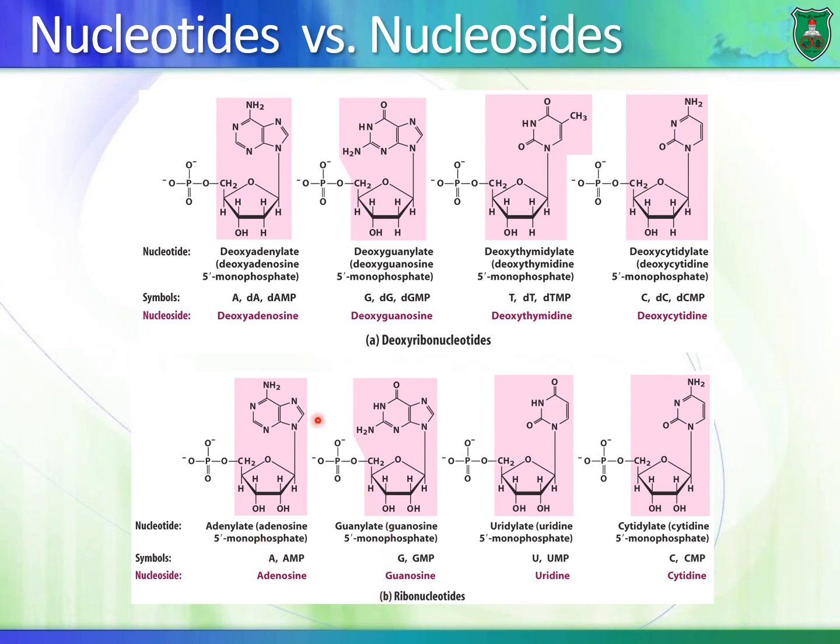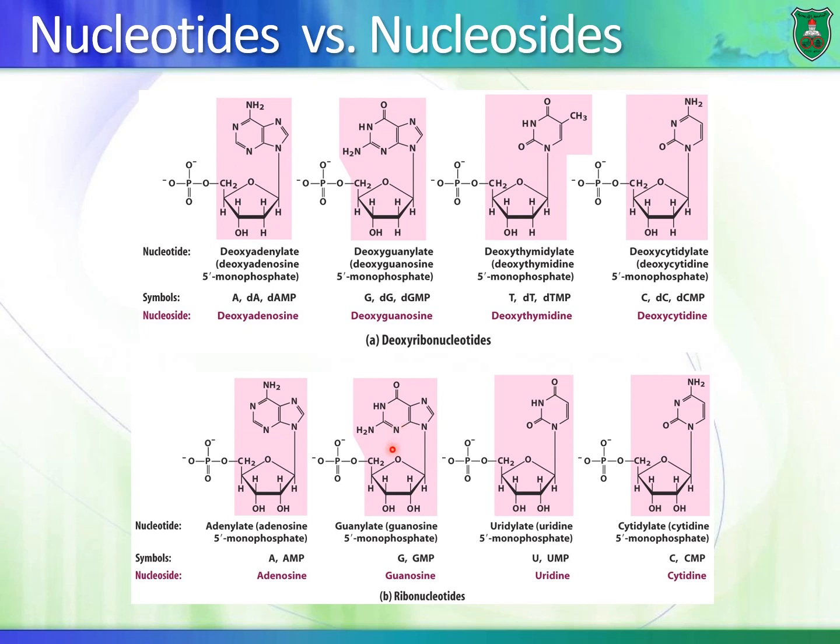So again, you look at it and you see that there is a sugar, a base, and a phosphate, so it's a nucleotide. Great, how many phosphates? Just one phosphate, so it's a monophosphate. Is it deoxyribose or ribose? It is a ribose molecule. Great. So you look at the base, is it purine or pyrimidine?